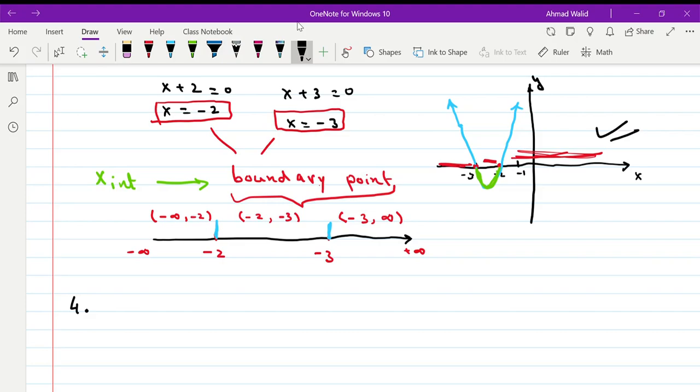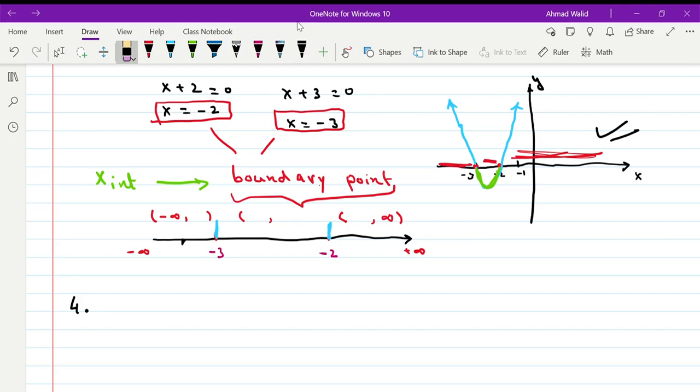For example, I'll pick a number here from the interval from -infinity to -2. Oh, I put the numbers here wrong. If it was class, students would start shouting at me.